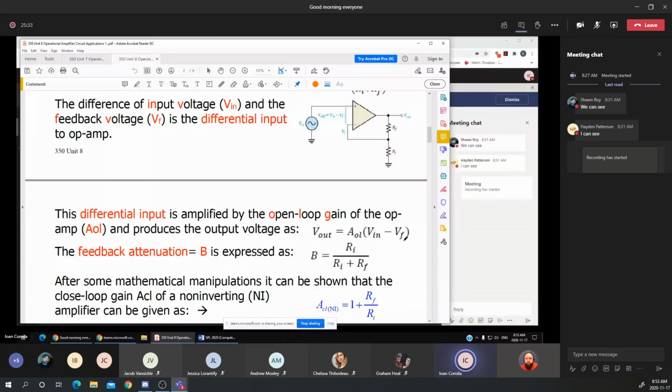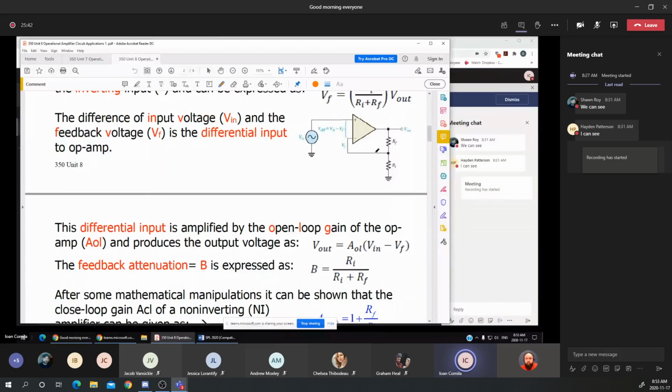Remember that we discussed B as the feedback attenuation, or how we can calculate the fraction of the output voltage. You notice that if I group the two resistors, RF and RI, it will reduce the voltage applied to the inverting input.